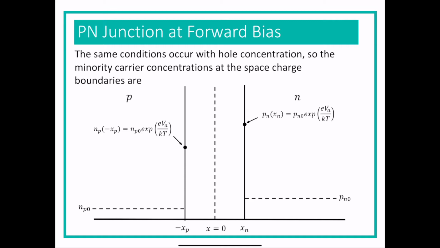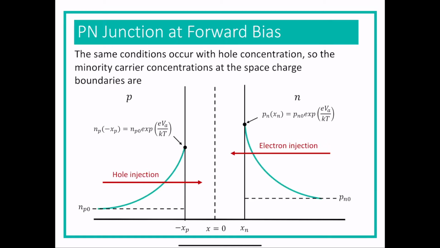But basically what this is telling us is that at the junction, there is a much higher concentration of minority carriers than there is further out. In fact, it's an exponential function. So what this looks like, if you go out from either direction from the depletion region, you actually get a decreasing of minority carriers, but the minority carriers are kind of jammed up against the side of the depletion region.